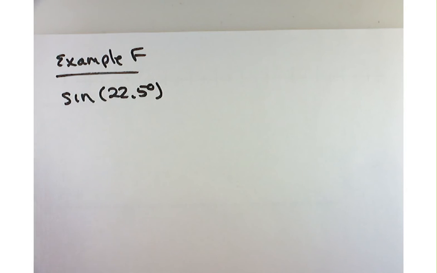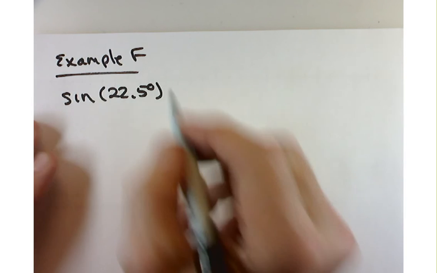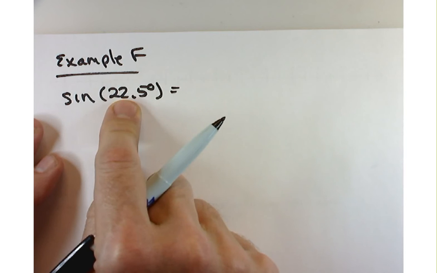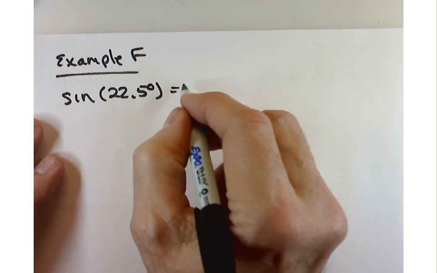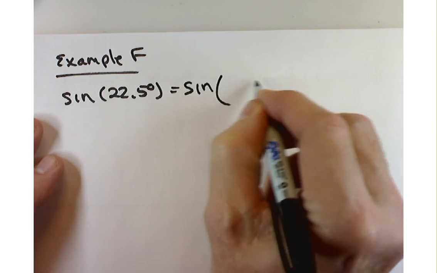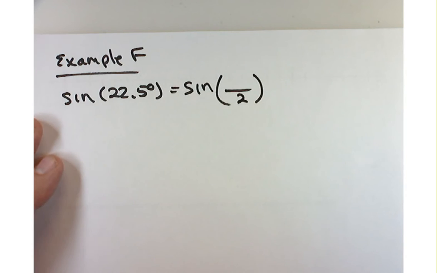Now, I'm not talking about a decimal value. Anyone can get that. Just punch it in your calculator. If I want an exact value, I might notice something interesting about 22.5. It's half of a more familiar angle. Does anyone know what it's half of? 45.